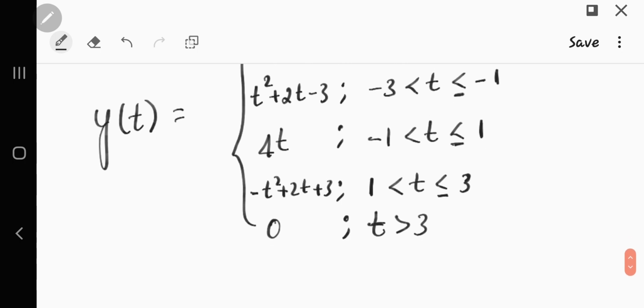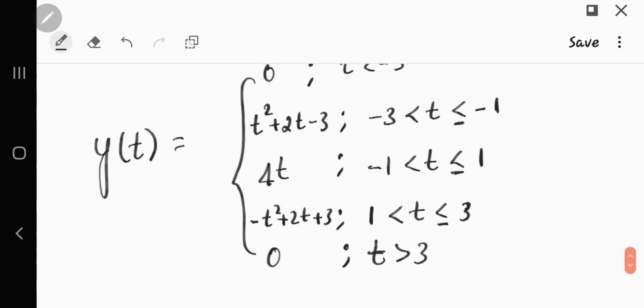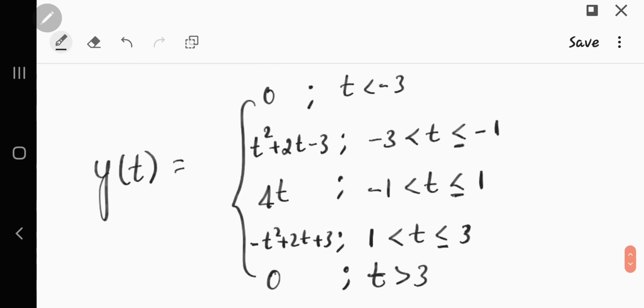Now, you can also plot y of t as shown in the previous case by applying the values here. It says for t less than 0, y of t is 0. Now, between minus 3 to minus 1, for this expression, you have to apply the values minus 3 first, then minus 2 and then minus 1. So three different values you will get. Note down the amplitudes and complete the plot.